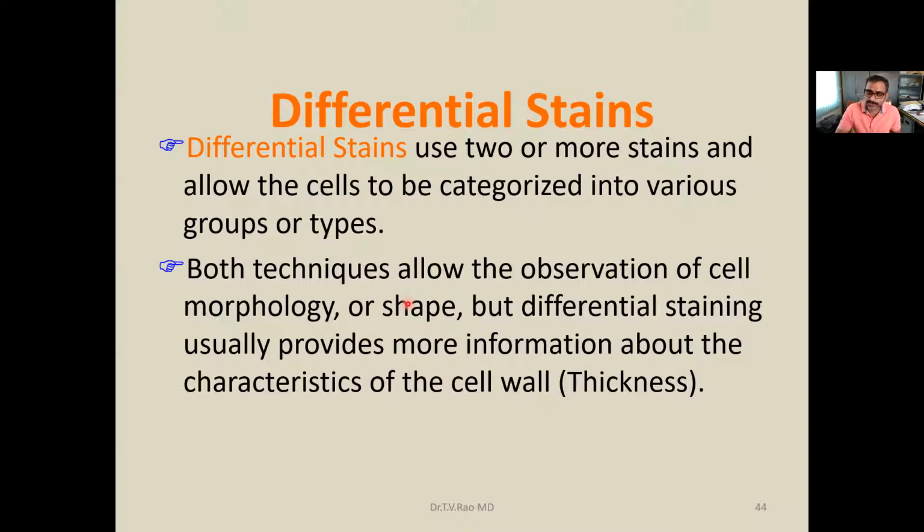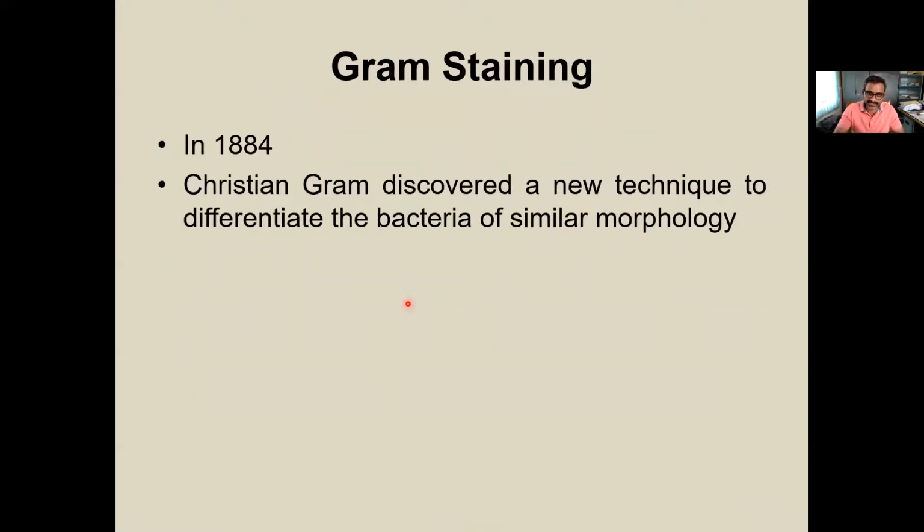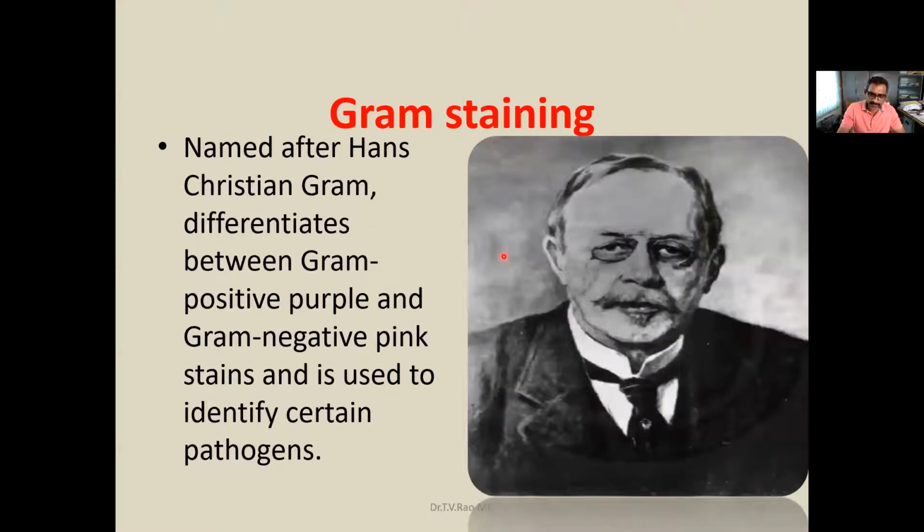Apart from this, you can also differentiate bacterial cells into different groups, like gram positive and gram negative bacteria, based on their cell wall characteristics. Gram staining was designed by Christian Gram in 1884 to differentiate bacteria into gram positive and gram negative.